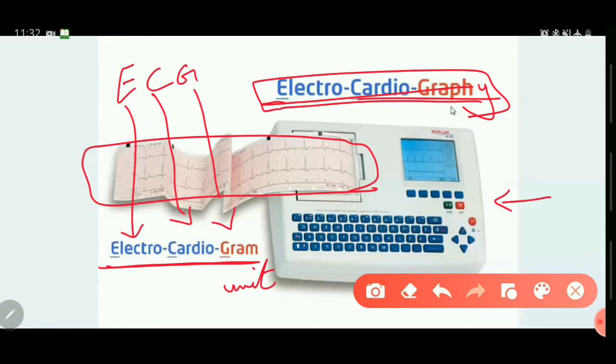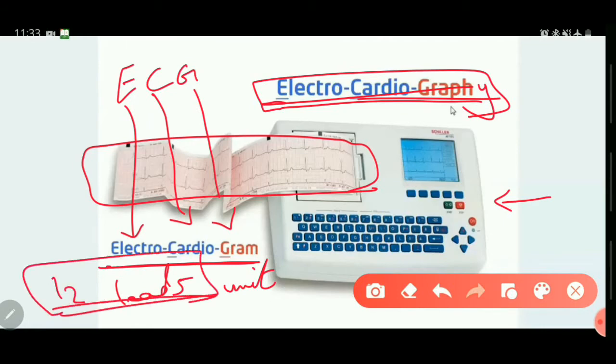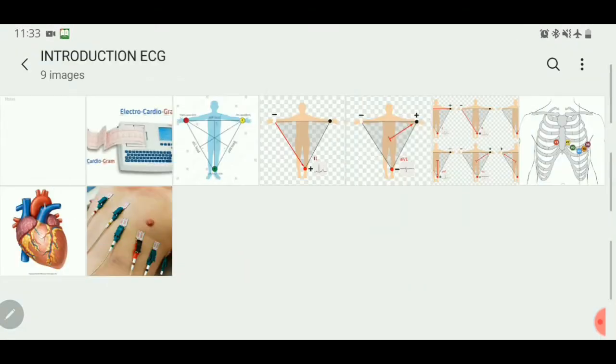The ECG has some characteristics, which we call leads, and the ECG has 12 leads. They're so important to understand the quality of the electricity of the heart of the patient, how it is working. So let us explain these leads.